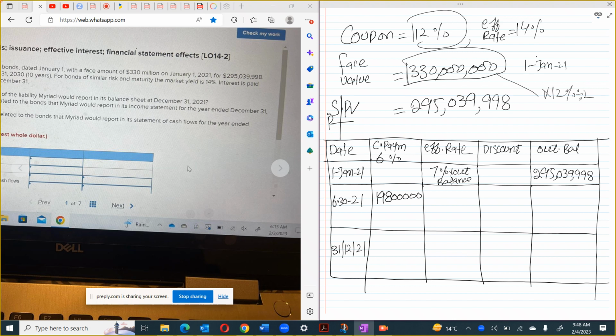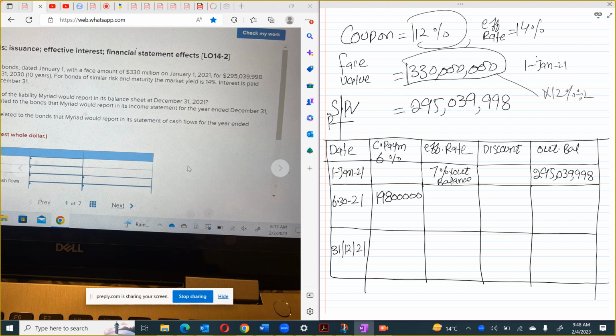Now, what will be the liability? What amount will you record in the liability? This closing amount of bonds payable is your liability. Let me give you the logic of why this is the liability. For example, this was your starting amount, the face value.